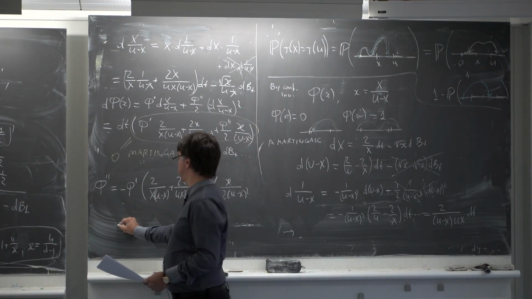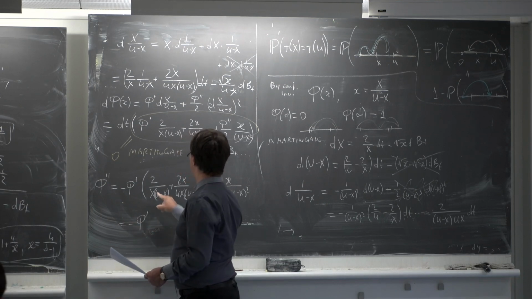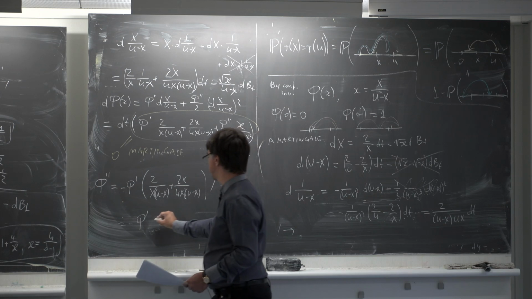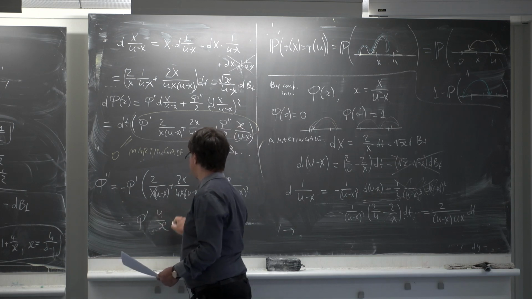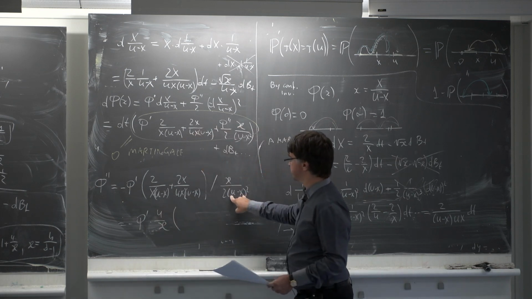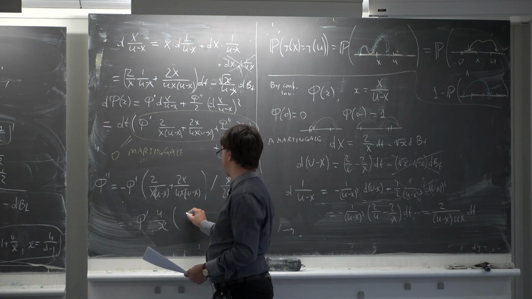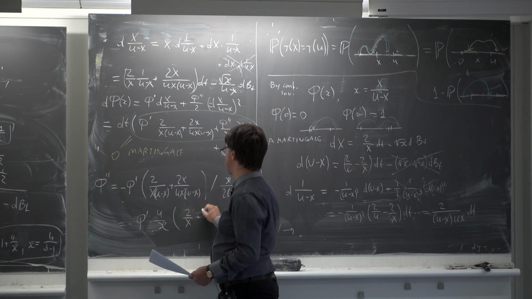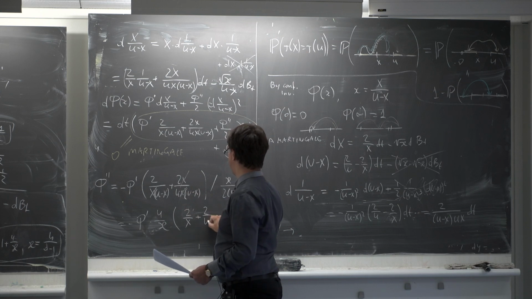So I need to simplify. Well, 2 I can plug out, kappa I can plug out, this 2 also, so it's 4 over kappa. Now u minus x squared I can move inside here, so I get 2 over x plus 2 over u multiplied by u minus x.